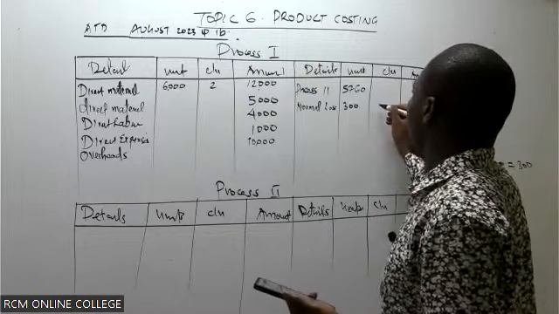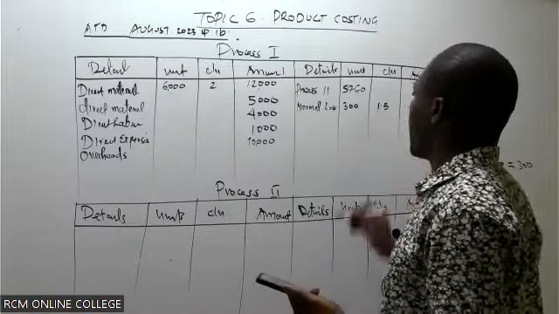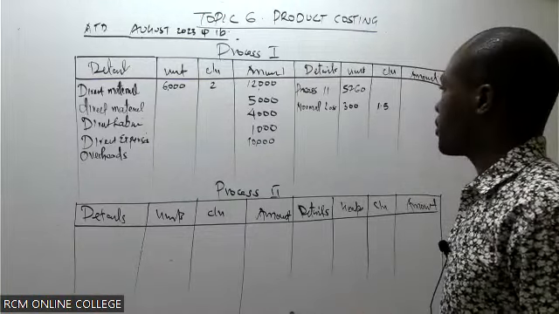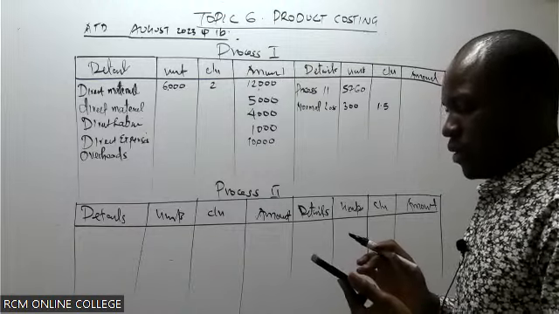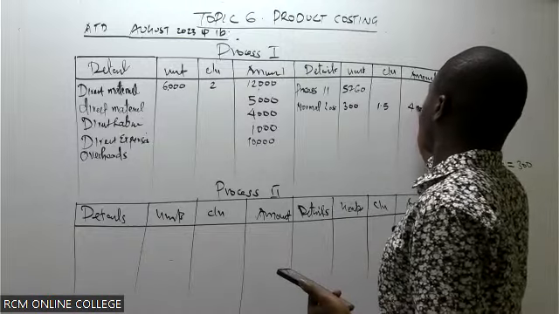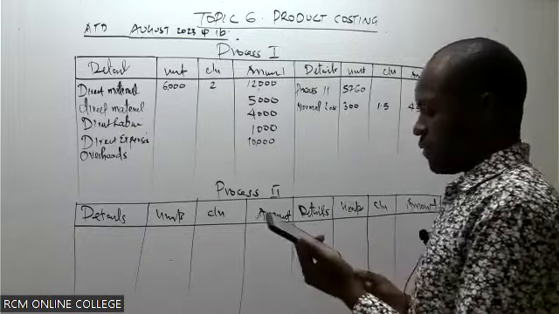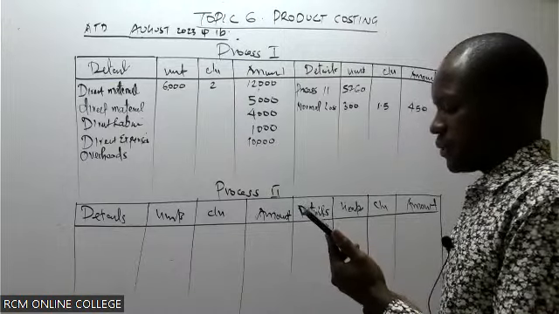So that's what I bring here, 1.5. 1.5 by 300, what do you get? 450 shillings.